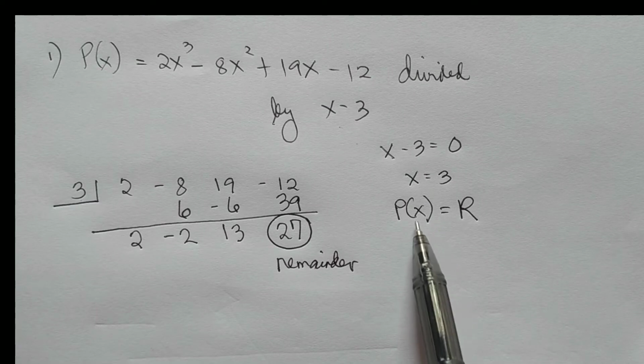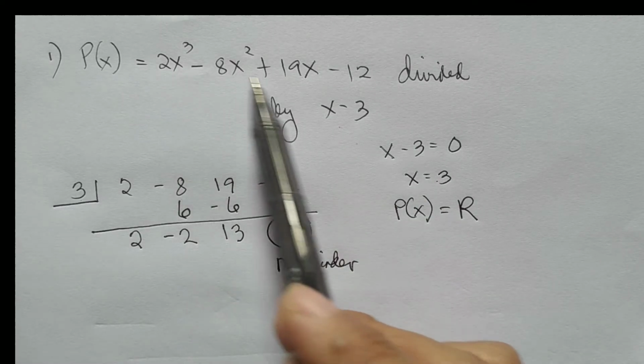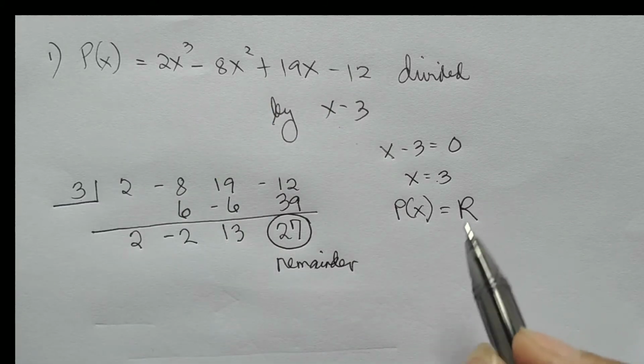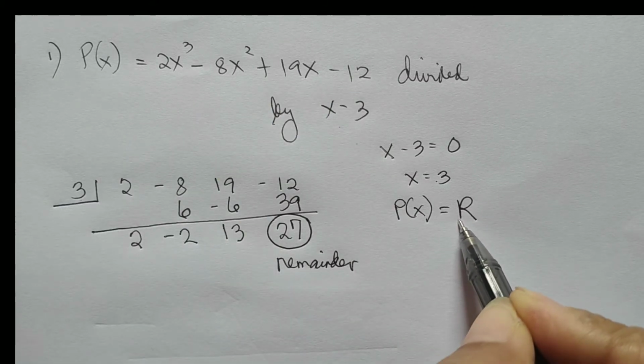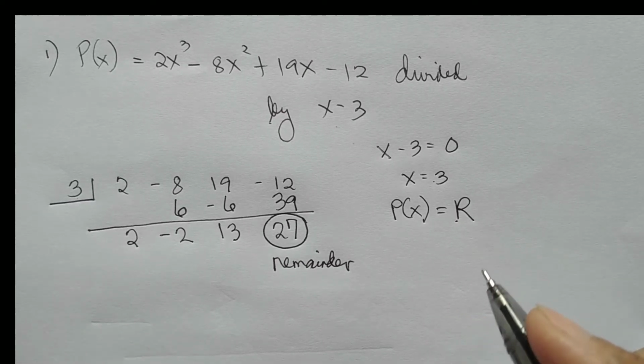So, if we replace the value of x with 3 in our polynomial, the resulting number is the remainder. Let us try to check if it is really true.